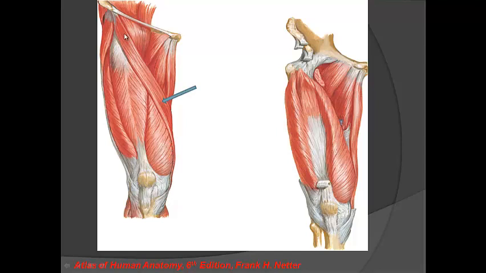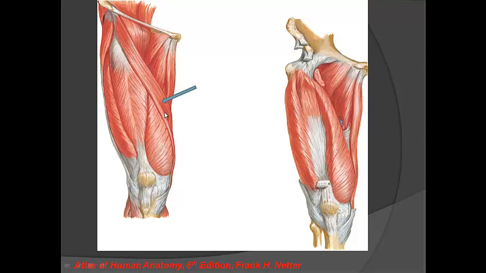So it starts above, or anterior to, the hip joint. It crosses the hip, passes all the way across the anterior compartment, and eventually reaches the knee joint. So keep that rule in mind: a muscle that crosses a joint will move it.